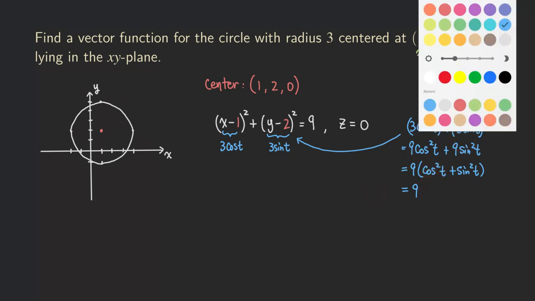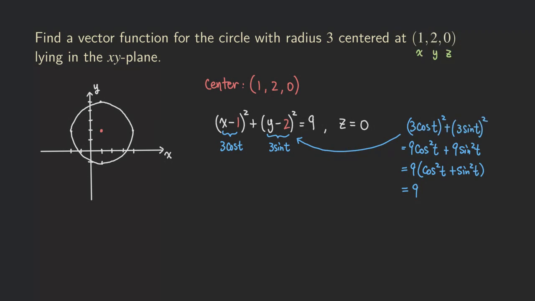So now we have x minus 1 is equal to 3 cosine t, and then the other one is y minus 2, that's equal to 3 sine t. What we want right now is to solve for x and solve for y. If we solve for x, we get x equals 1 plus 3 cosine t, and if you solve for y here, you get 2 plus 3 sine t.